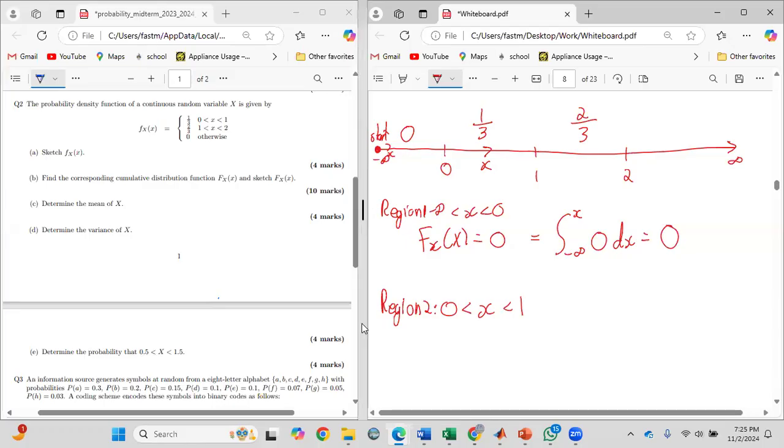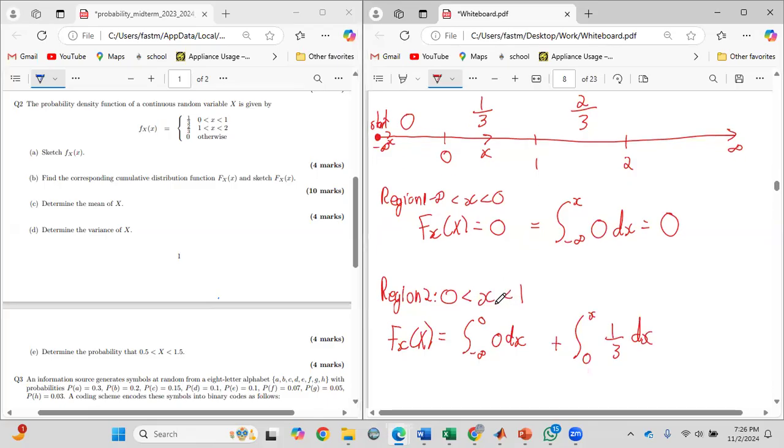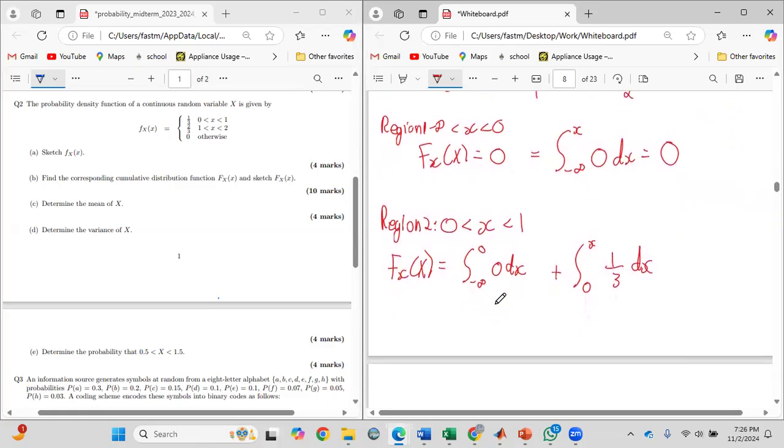So for region 2, capital F of x is the integral from minus infinity to 0 of 0 dx, because you can just put 0 if you want, that is being technical, plus the integral from 0 to x, anywhere in between, of 1/3 dx. I'm just showing you how the probabilities cumulatively add up, which would be the area for continuous random variables.